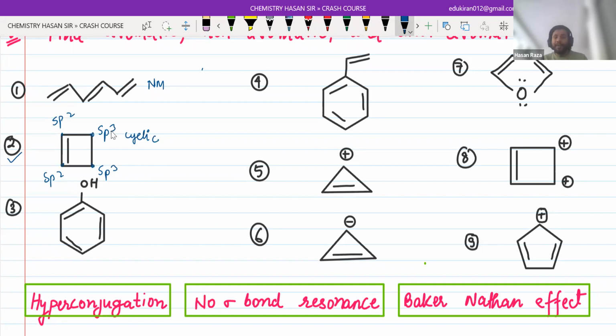It is tetrahedral, and that's why it is not planar. So it is non-aromatic. If any one of the four rules fails, then it is non-aromatic. Is that clear? You have to check whether it is cyclic or not, then planarity, then check the conjugation, whether the conjugation is in the complete ring or not.